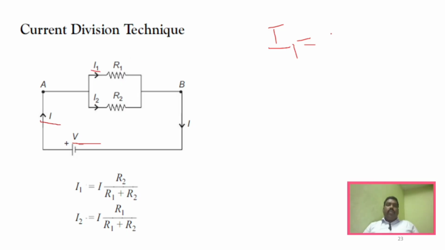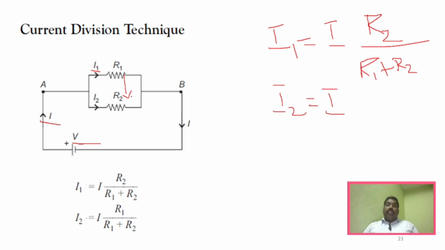So what I'm going to do is multiply the current with the opposite resistance, R2 here. R2 divided by R1 plus R2. Correct. Similarly, if I need to find out I2, I2 is nothing but I into the opposite resistance, which is R1. So R1 divided by R1 plus R2.